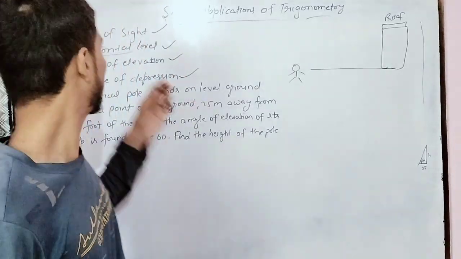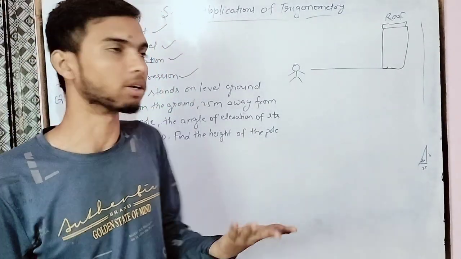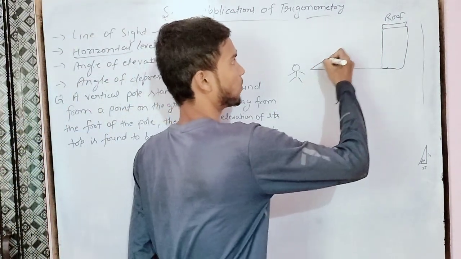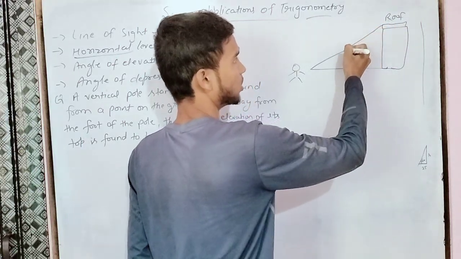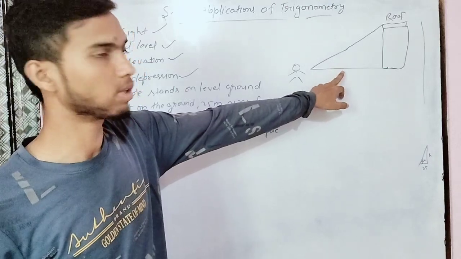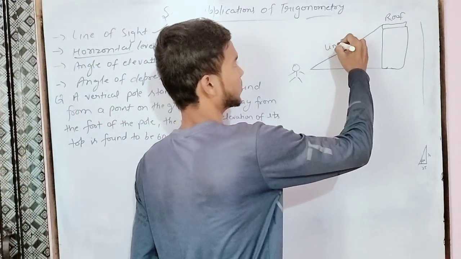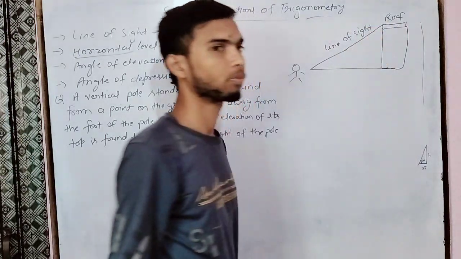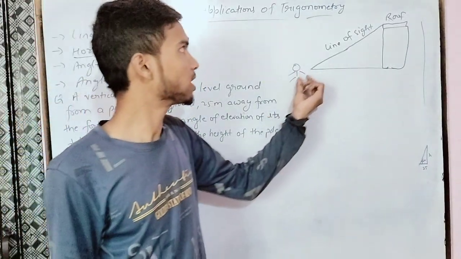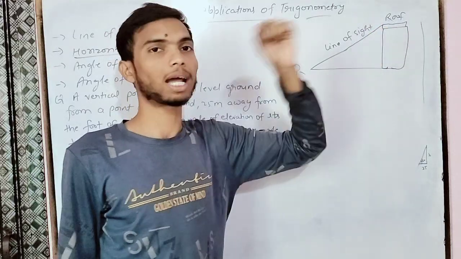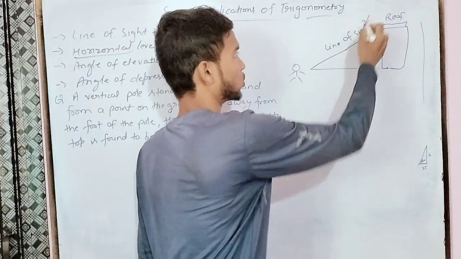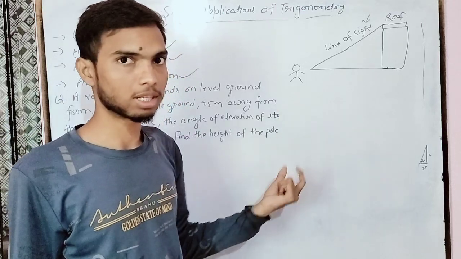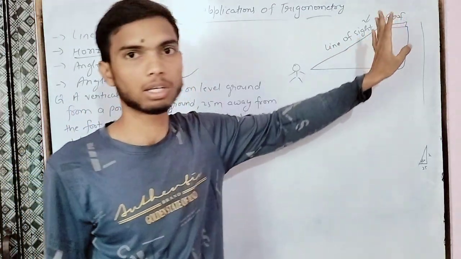If the line of sight is above the horizontal, so a line which is above the horizontal will be considered as the line of sight. Here the observer is looking at the roof, so that's why it is a line of sight. The person is watching the roof.